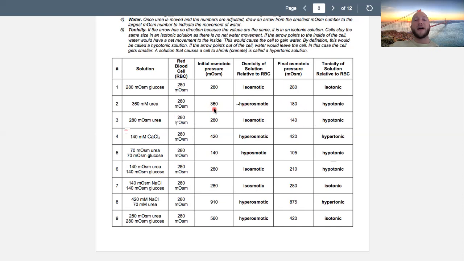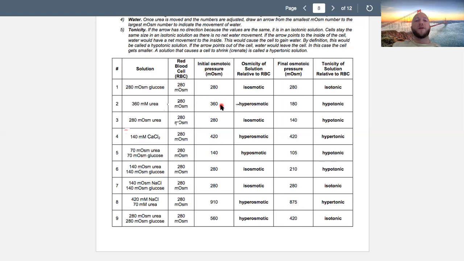So how do you do that? You take half of the milliosmoles of urea and you add it to the 280 of the red blood cell. So you have 360 milliosmoles for your initial osmicity, 360 milliosmoles of urea.